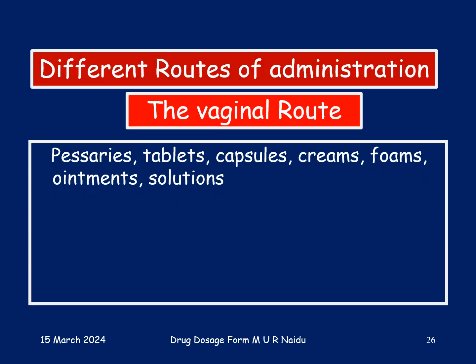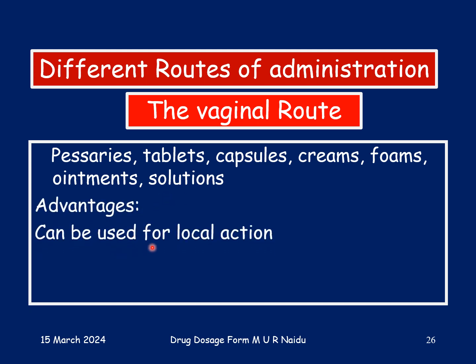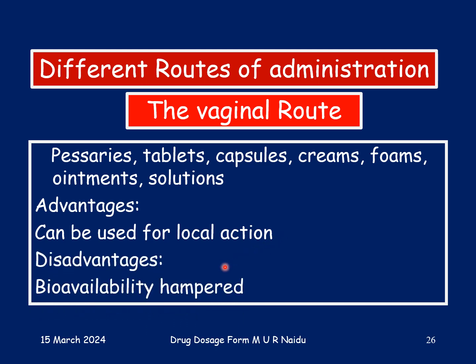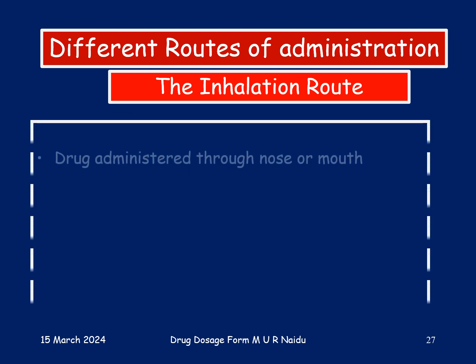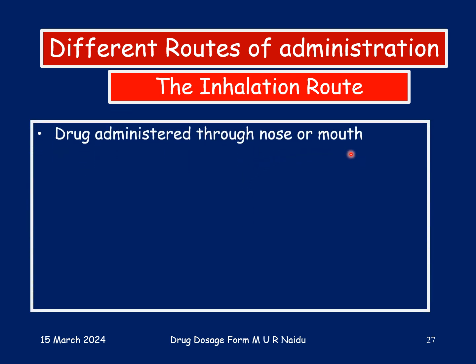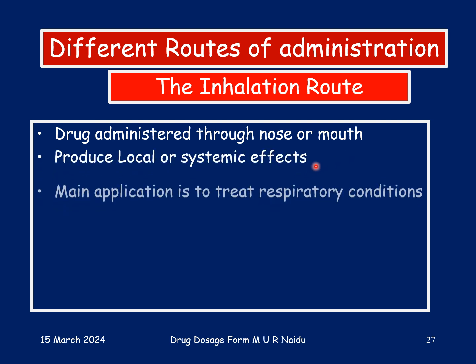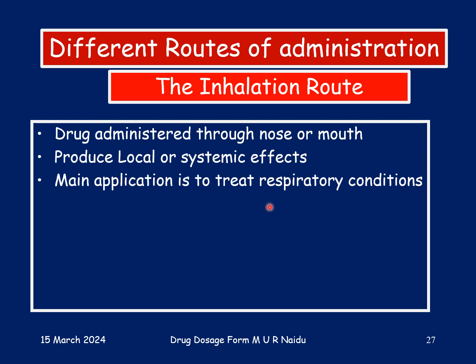Coming to the vaginal route, here we use pessaries, tablets, capsules, cream, foam, ointment or solution. Advantage: can be used for local action. Disadvantage: availability is hampered. Coming to the inhalation route, drug administered through nose or mouth produces local or systemic effect. Main application is to treat respiratory conditions like asthma.